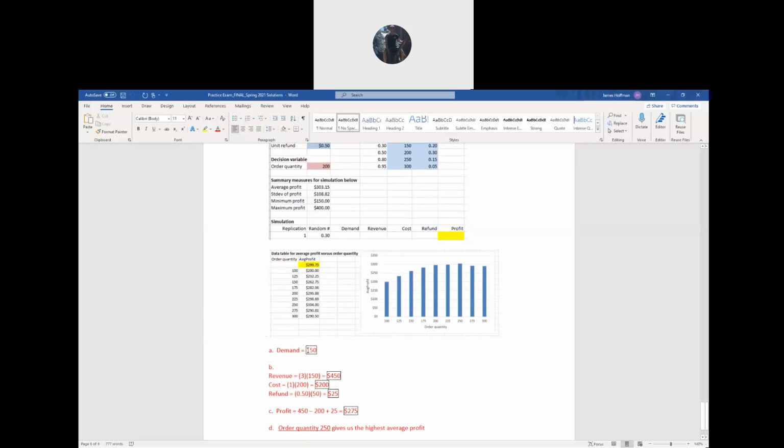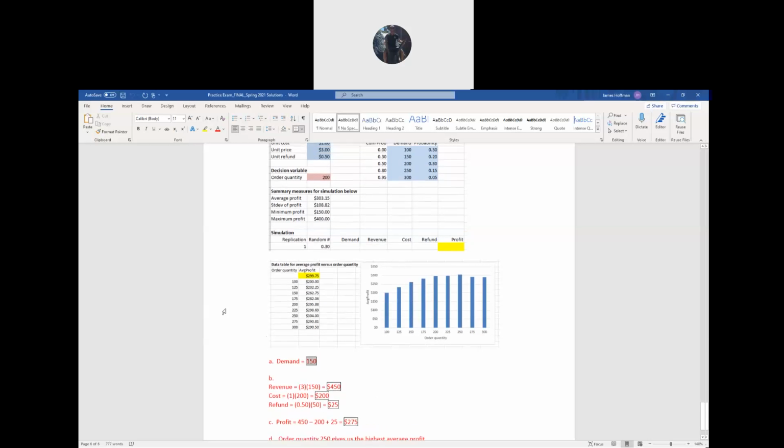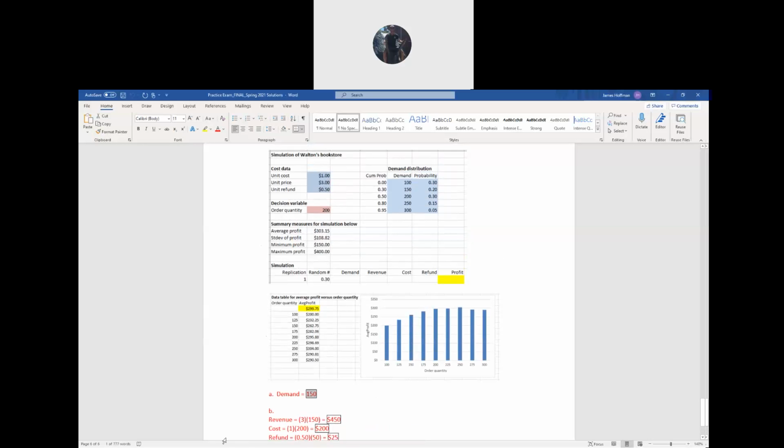We know that demand is 150, right? We ordered 200, so 150 of those 200 got sold, and the remainder, 200 minus 150, is the difference of 50. If order quantity is bigger than demand, which it is in this case, just take the difference, and for those extra calendars you get a refund. So 200 minus 150 gives us the 50, right?